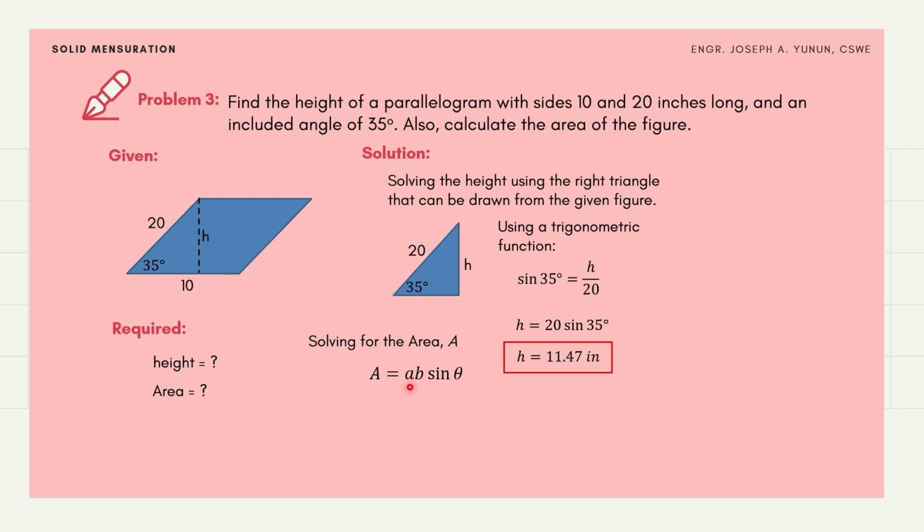Substituting those values with 35 degrees as theta, you'll get an answer of 114.72 square inches. So the answers for this problem are 11.47 and 114.72 square inches.